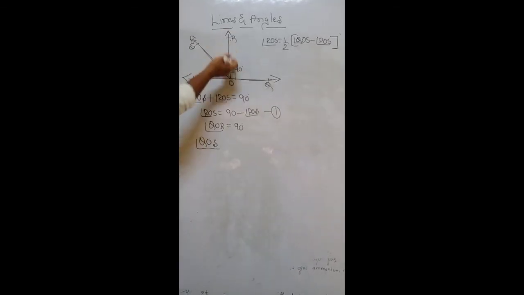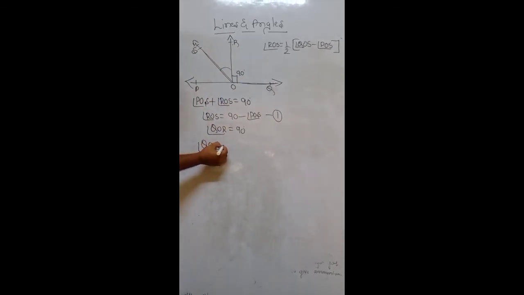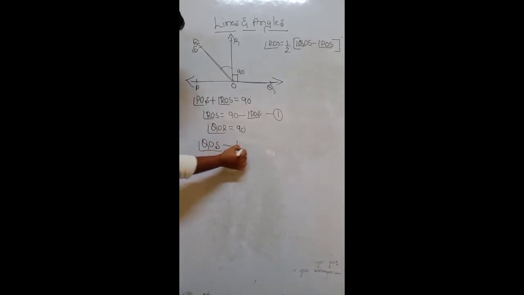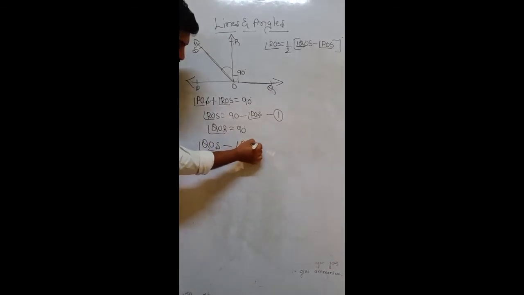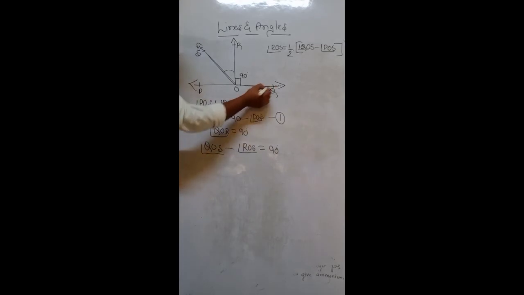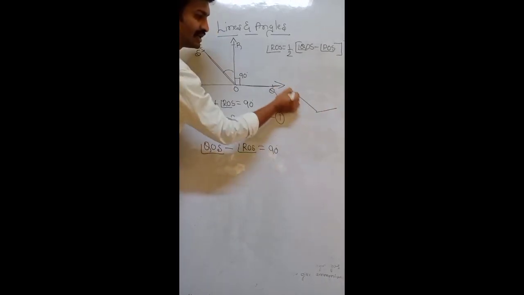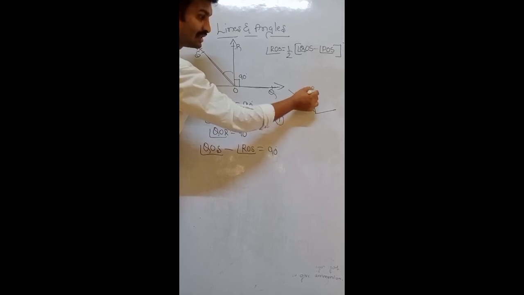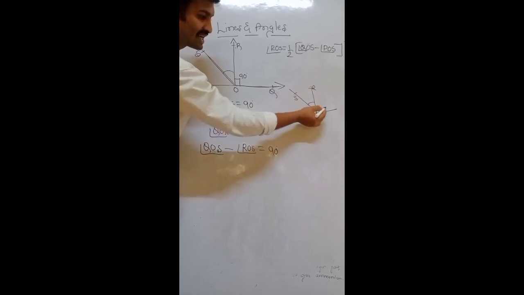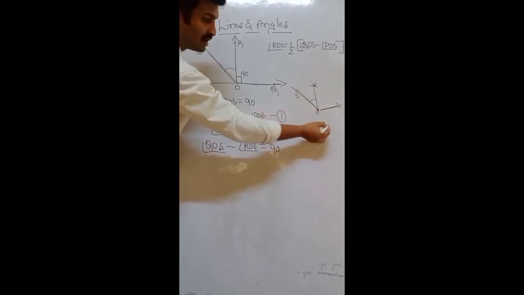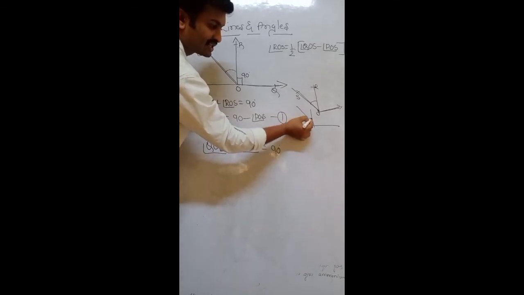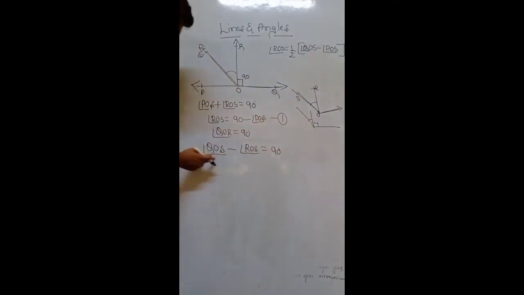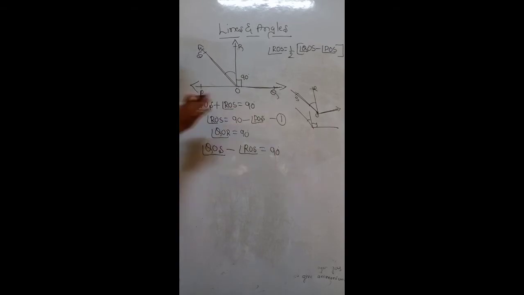How much remains? 90 only remains. In the whole, we'll subtract this part. What remains? This remains. Okay. QOS minus ROS equals 90 degree.